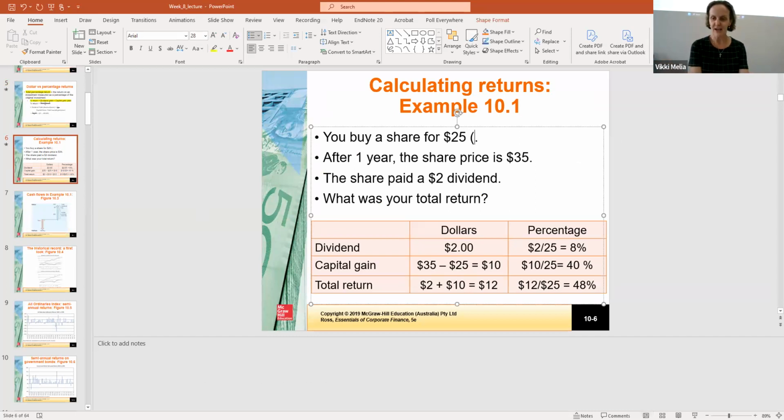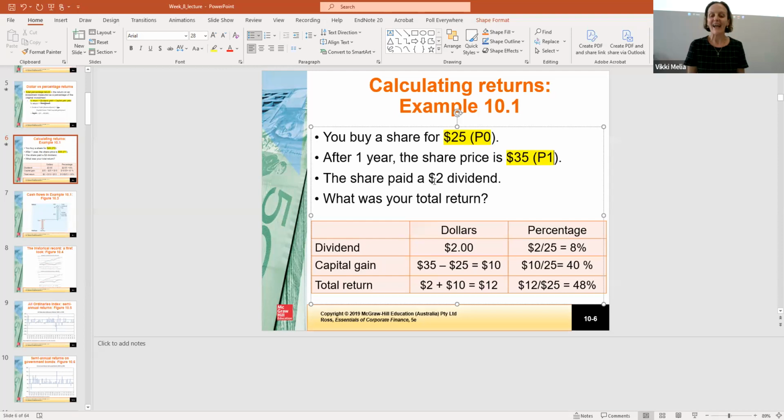So you buy the share, that's your initial price, that's your P0. $25 is your P0 or initial price. After 1 year, the share price is $35. So that's our P1, the price after 1 year, $35.